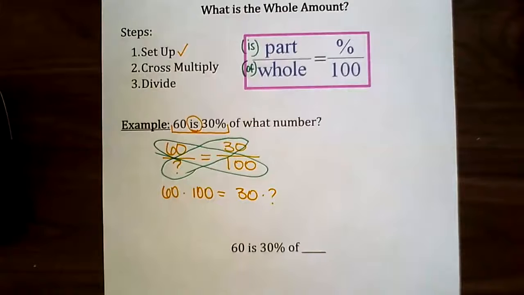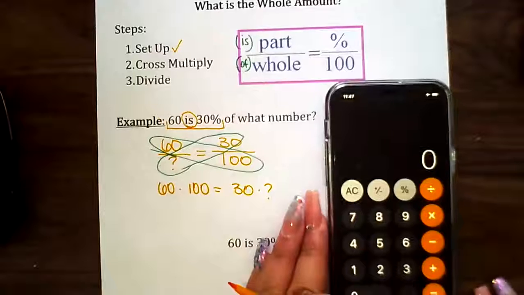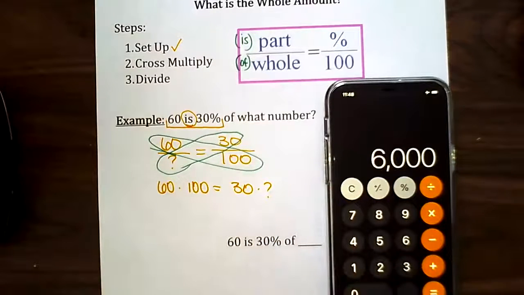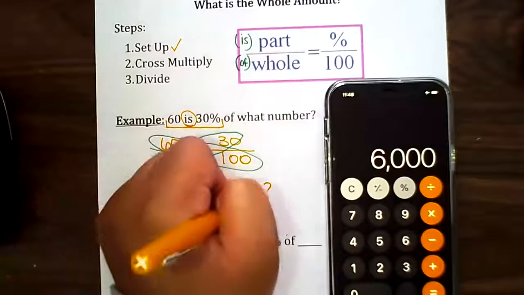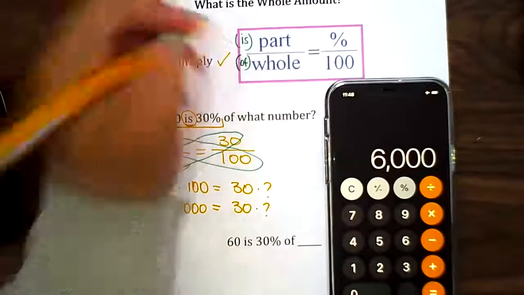I'm going to quickly use my calculator to do my calculations. So we have 60 times 100. That gives me 6,000. And that is equal to 30 times my unknown. So now I've cross multiplied.